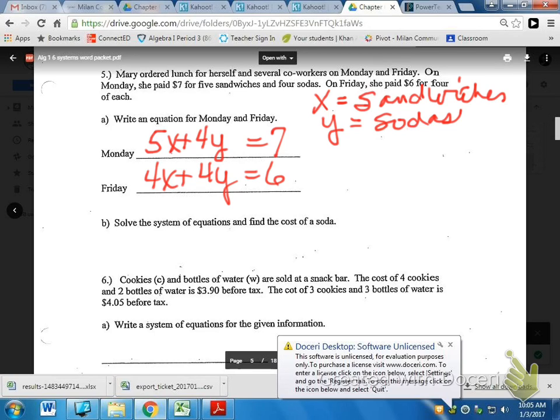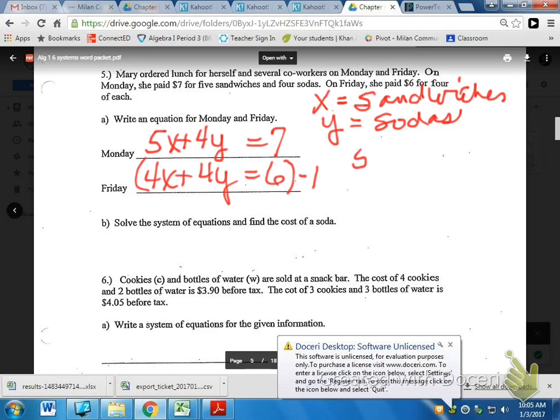Now we're going to solve the system and find the cost of the soda. So it doesn't tell us which way to go about doing this. I definitely wouldn't use substitution, right? I think what I would probably do is take this one times a -1. You okay with that?